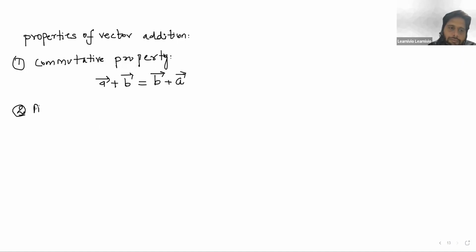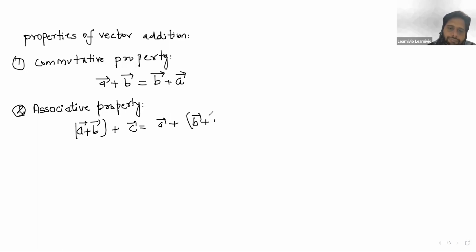Second is the associative property. Okay, so (A plus B) plus C is equal to A plus (B plus C).